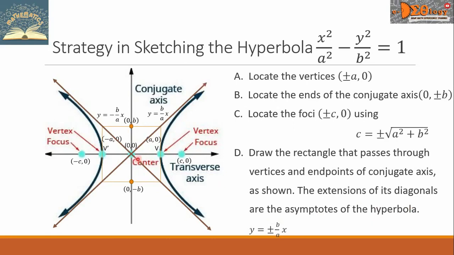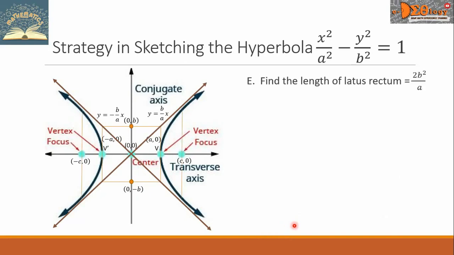We have the two asymptotes. The equations of the asymptotes are y equals plus or minus b over a times x. Letter E, find the length of the latus rectum, and the value is 2b squared over a.